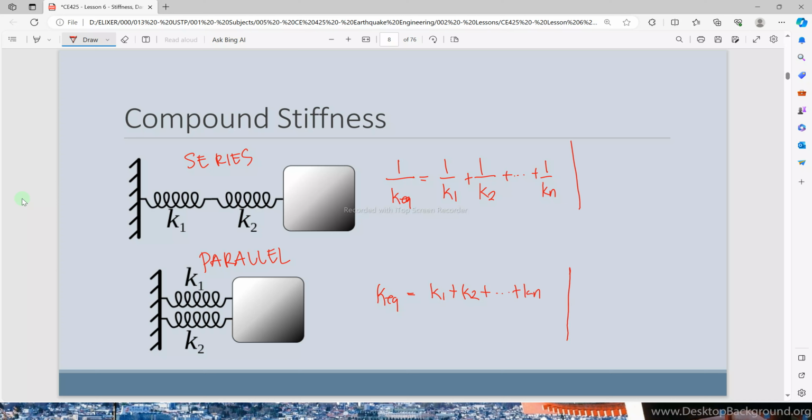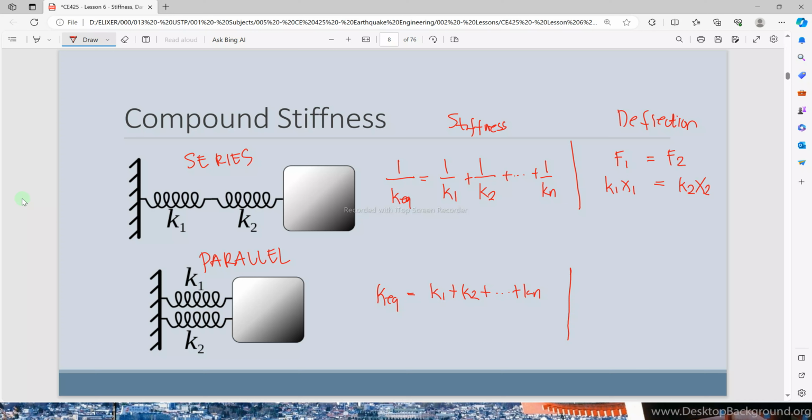Then, ang relationship po nila sa deflection. So we have here the stiffness and then the deflection. Ilang relationship po is that in the series, the deflection is, yani yung formula no, force 1 is equal to force 2. Sa ato pa, we have stiffness 1 times displacement 1 is equal to stiffness 2 times displacement 2.